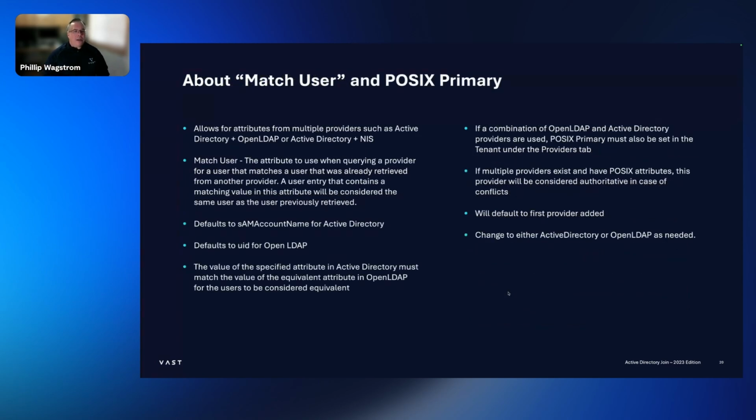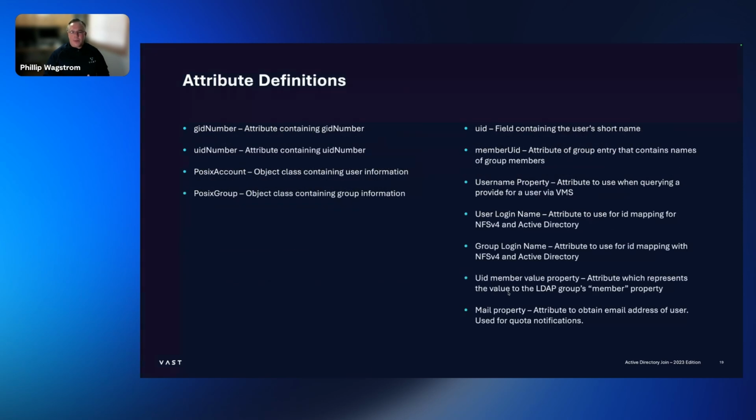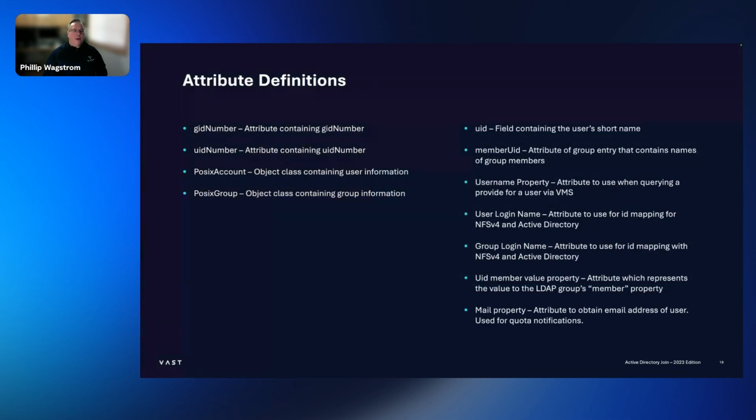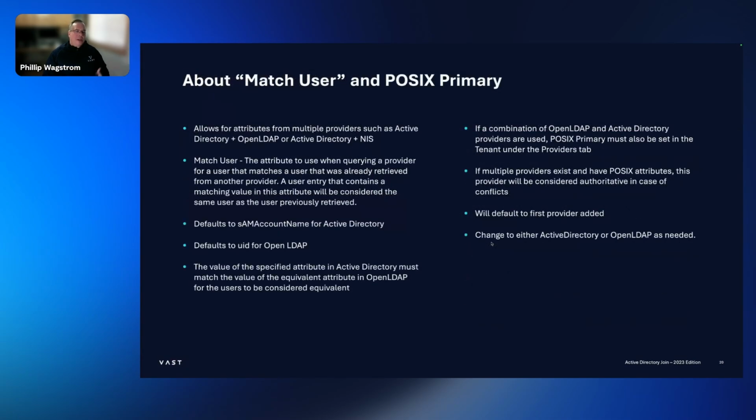One thing I haven't mentioned here is that there is an attribute on here called match user. Some of you with sharp eyes may have seen this attribute list on here, but there is an attribute here called match user. What match user is used for is we use match user to go through and help us stitch together different providers to establish commonality of users between the different providers.